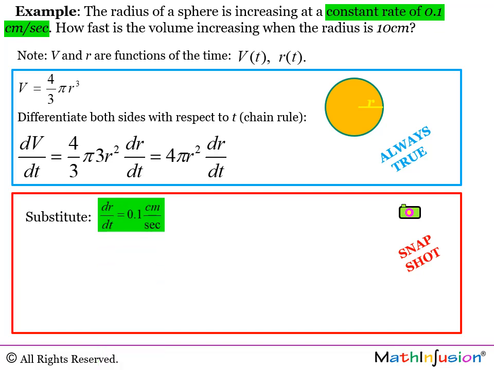It means the dr/dt equals 0.1 centimeter per second. Then we read that we need to focus on this instant at which the radius is 10 centimeters. It means that r should be equal to 10 centimeters.